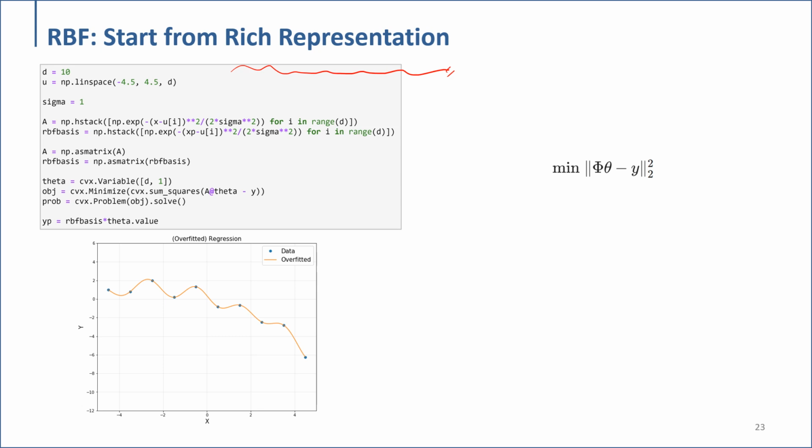We first set the number of RBF functions to 10, implemented exactly the same way as for the RBF regression. As you can see here, the model is overfitted.